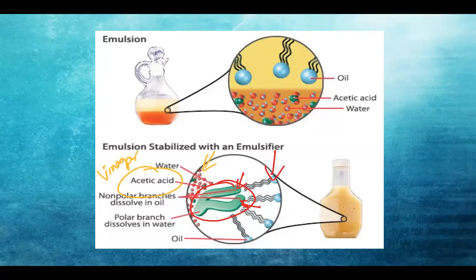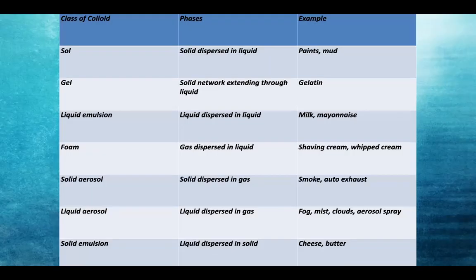That's what acetic acid is. And you've got the polar half of your emulsifying agent that is going to stick to the acetic acid and the water. So you've got your oil droplets on the right-hand side that stick to the nonpolar end, and your acetic acid and your water stick to the polar end. And that's what keeps it distributed evenly in the salad dressing bottle or in your mayonnaise.